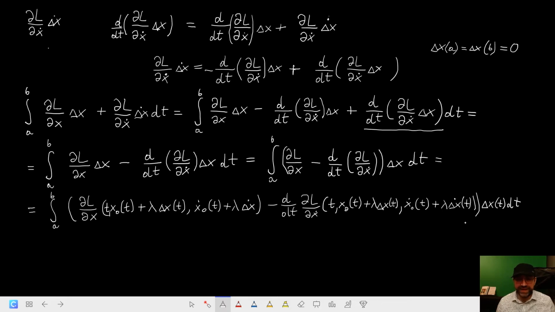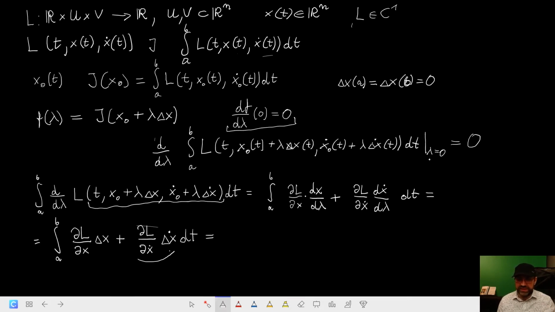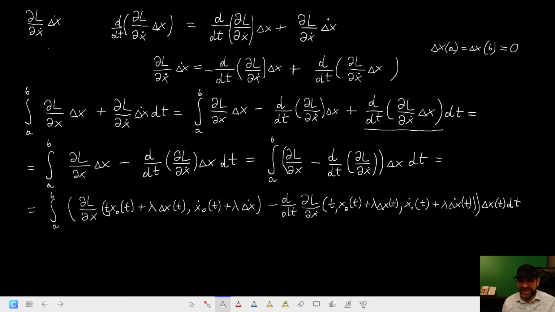dt. And now we know from this that if we put lambda equal to 0, this whole expression, and this was the expression that we transformed all the time, so we get here, so that will be equal to 0.